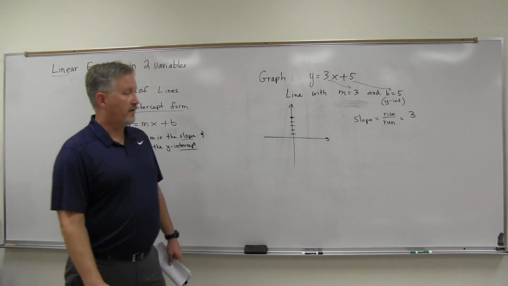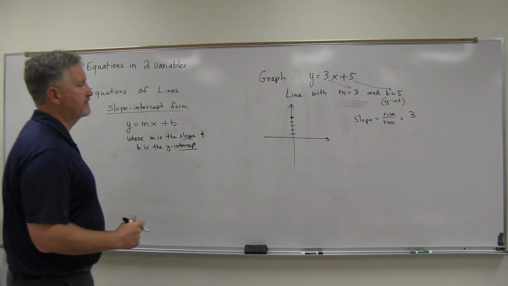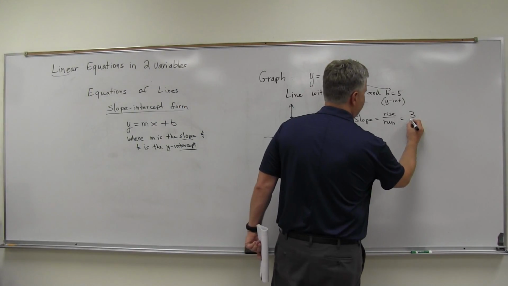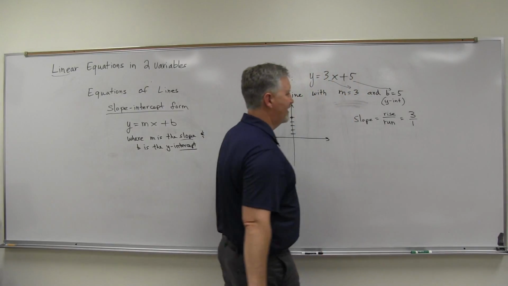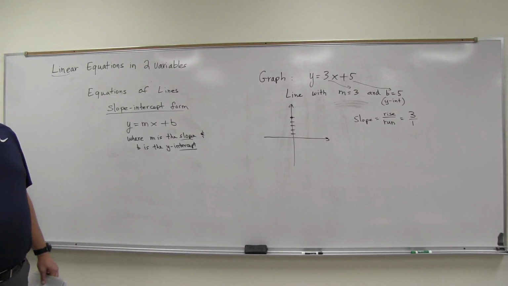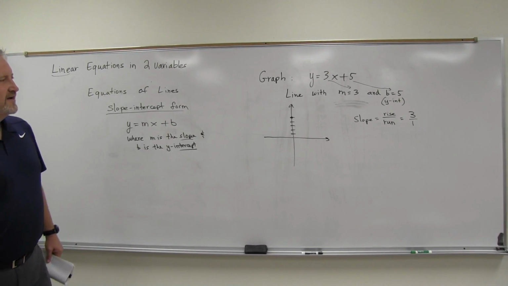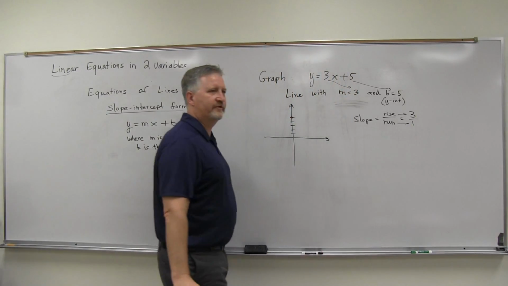Well, how does that help me? If I think of 3, not as 3, but as, how could I write that as a fraction? 3 over 1, yeah. If I write that as a fraction, 3 over 1, a ratio, however you want to think of it, what that's telling me is to rise 3 and then run 1.